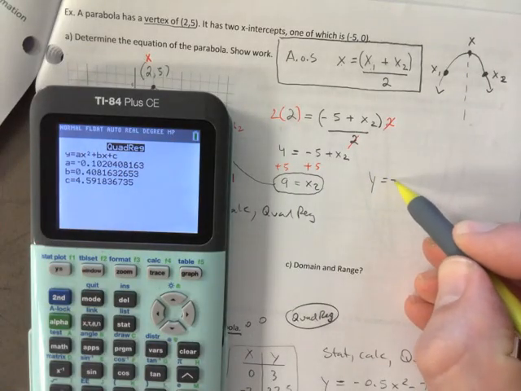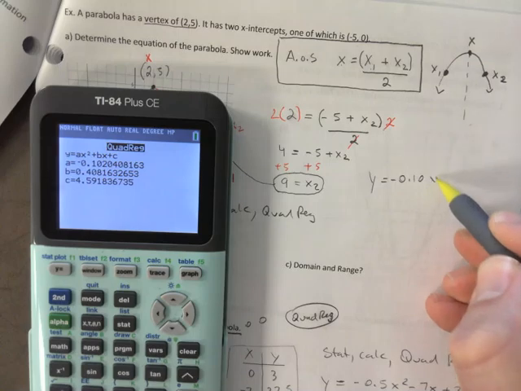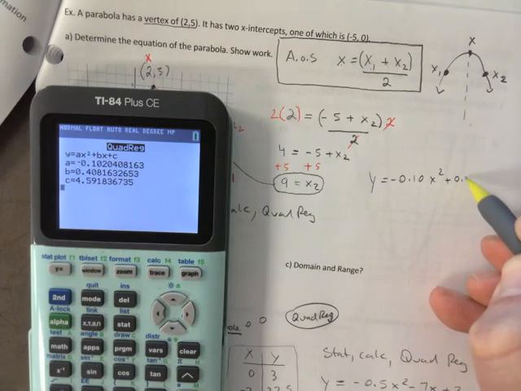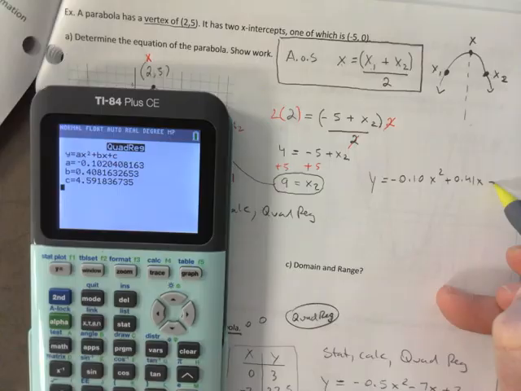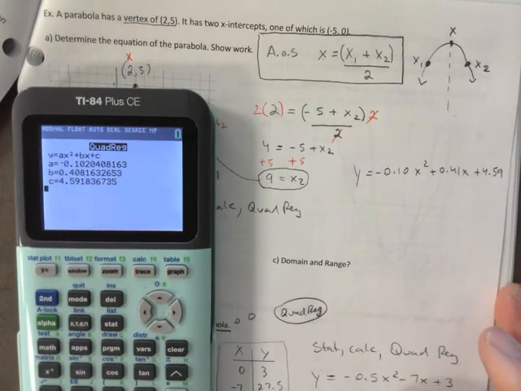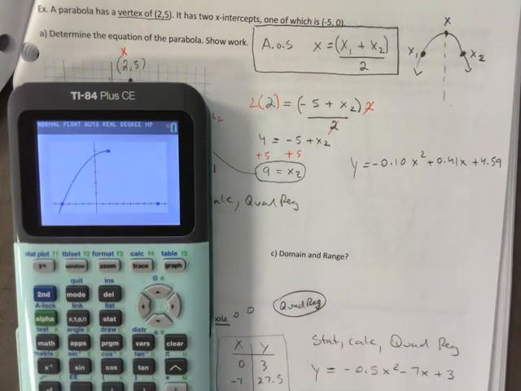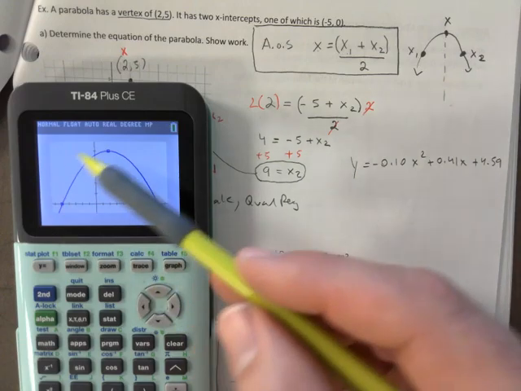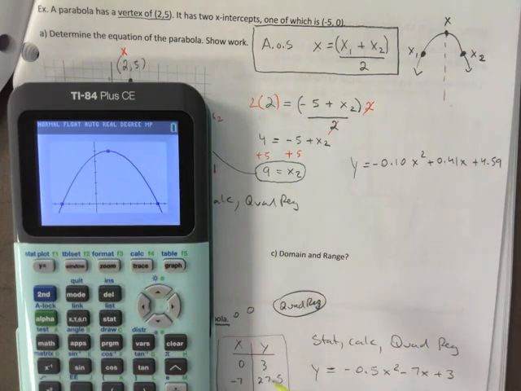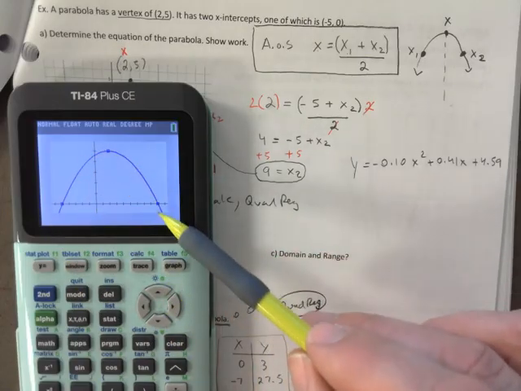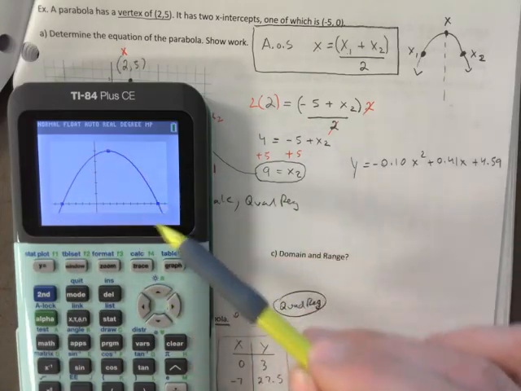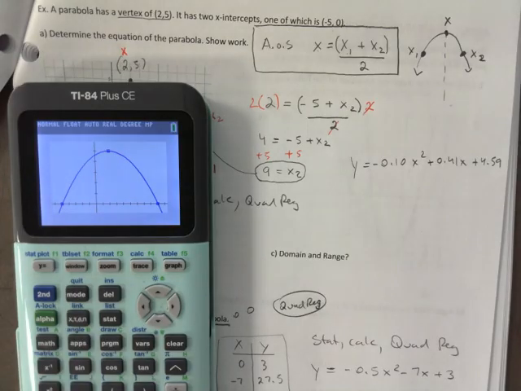Y is equal to negative 0.10x squared plus 0.41x plus 4.59. Okay. And you can hit graph, and here is the actual curve that models the scenario, right? So that's what you want to see.